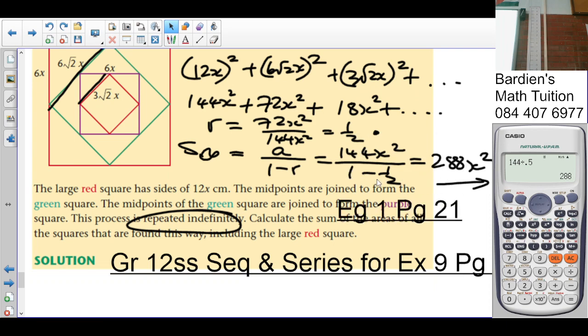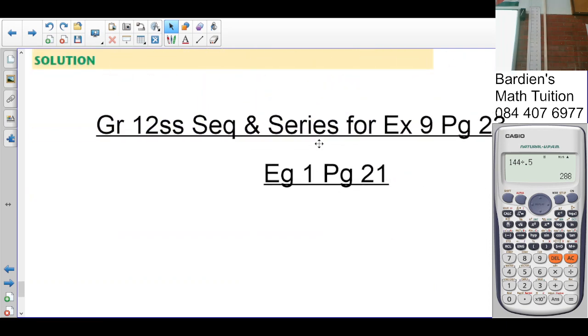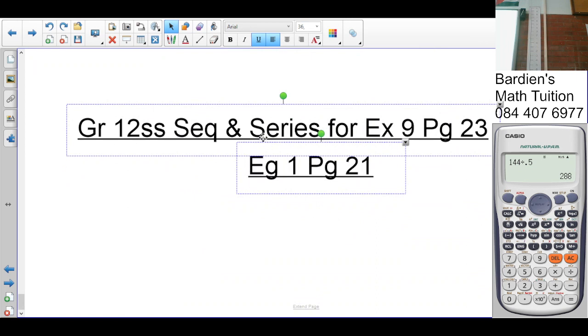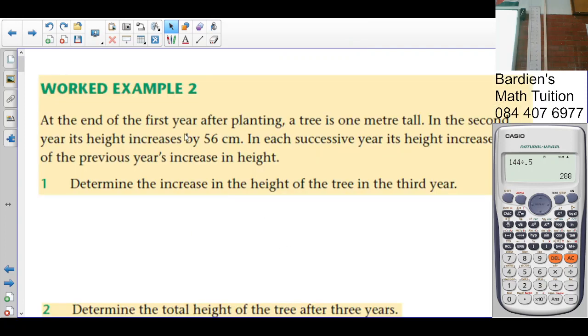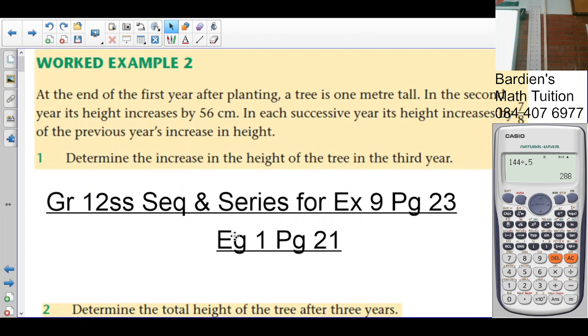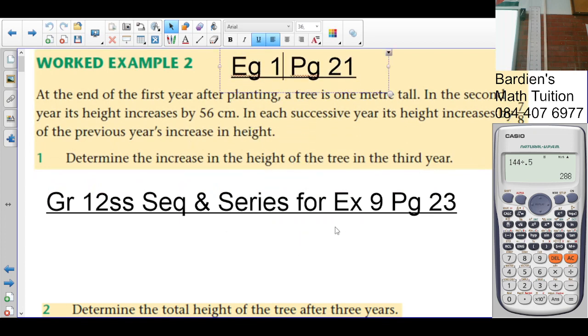Look at the example 2 on page 22. This one is a bit challenging for the learners to understand. We'll go a bit slower through this. I'm not going to do worked example 3.